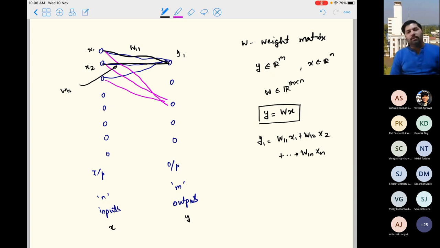In the least squares problem, what did we find out? We found out the coordinates of the basis functions, right? So here, what will we find out? Here we will find out the best possible weights. In a neural network, when you are training a network, you are trying to find the best possible weights.